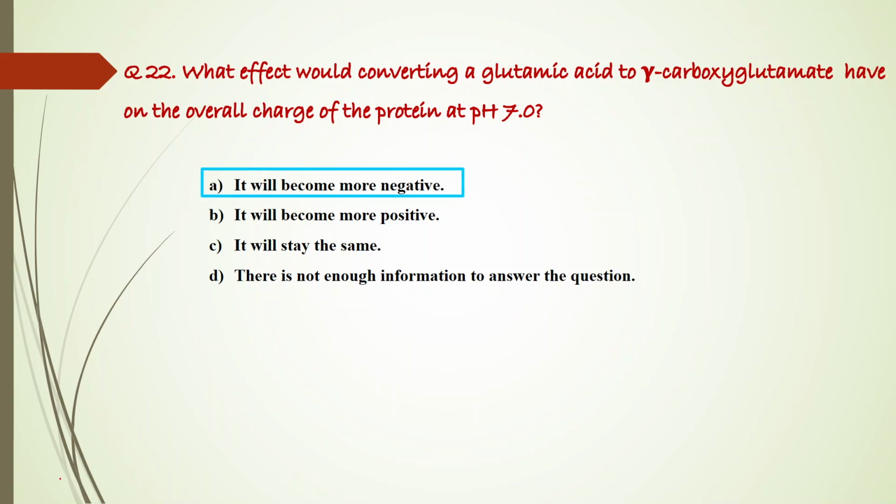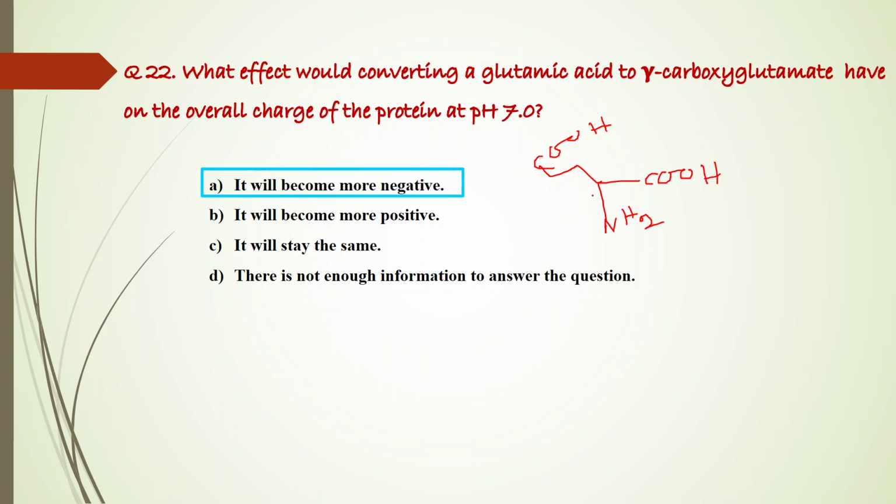Why? Because if we look at the structure of gamma carboxyglutamic acid, first look at the structure of glutamic acid. COOH, and this is your NH2. Again, sorry for my bad handwriting. So this is our structure for glutamic acid.